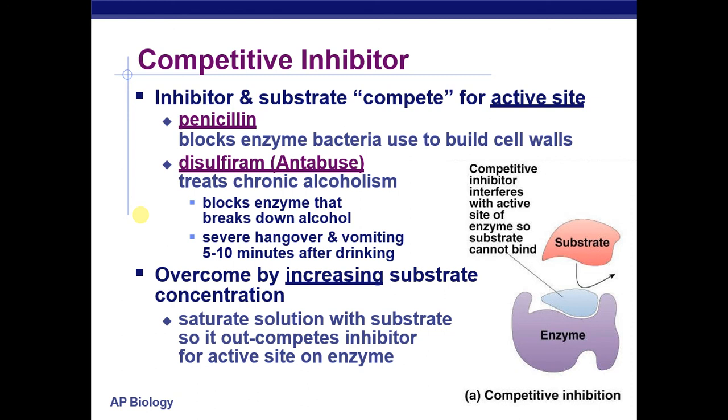And competitive inhibitors can actually be overcome by increasing the substrate concentration. All right, if you saturate a solution with substrate, they're always able to outcompete the competitive inhibitor for the active site. There's just way more substrate than competitive inhibitor, and so they kind of win out.